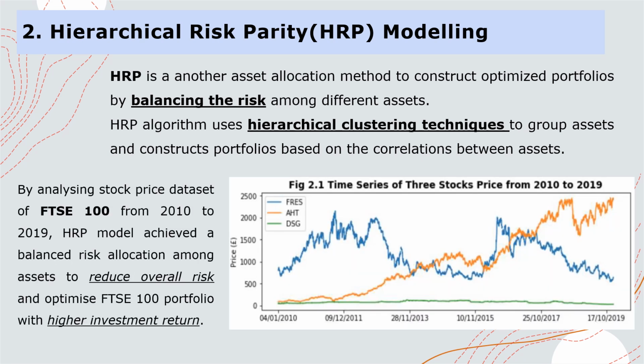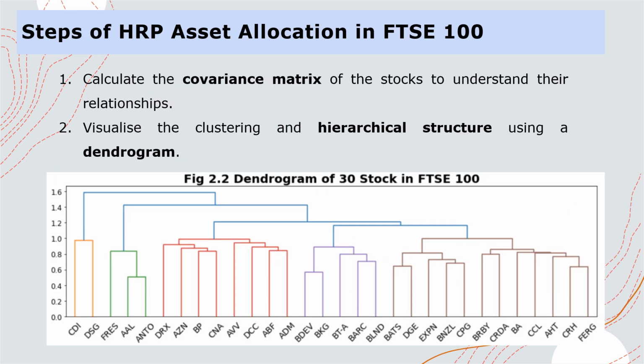I use the data from 30 stocks in the FTSE 100 index from 2010 to 2019 to demonstrate the weight allocation process of the HRP model. And the figure below illustrates the price tendencies of 3 stocks from the FTSE dataset with distinct or even contrasting trends over the period. The steps of the HRP method are as below.